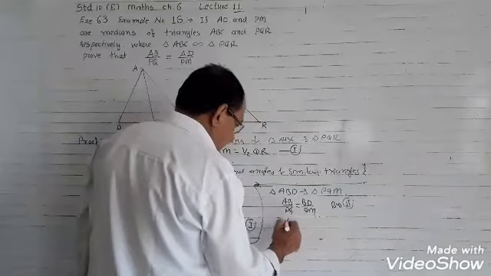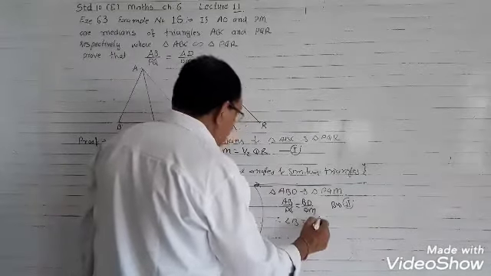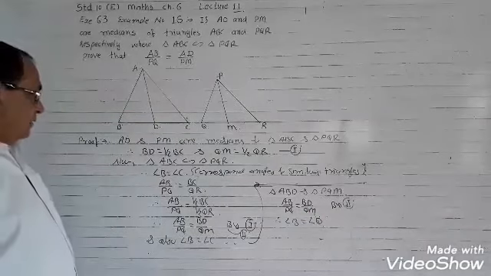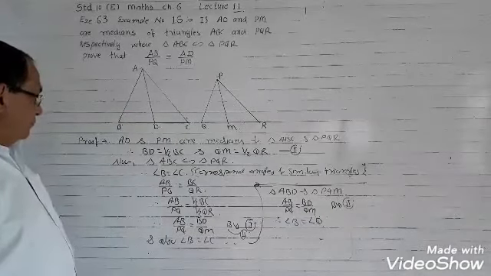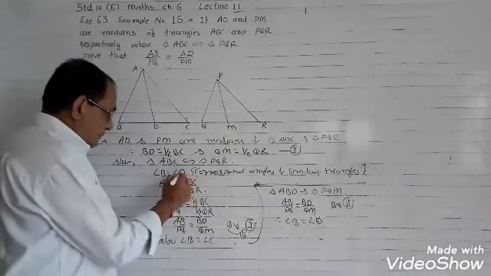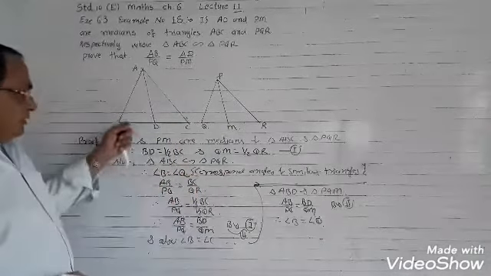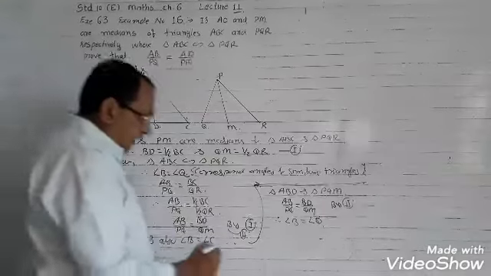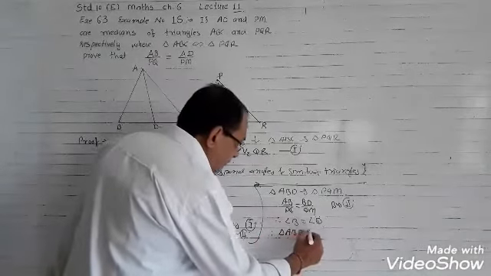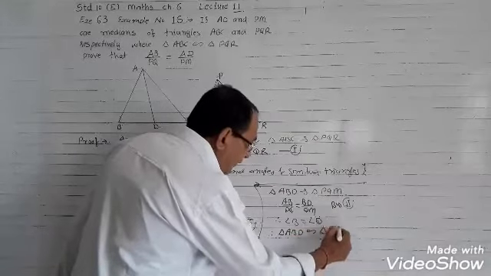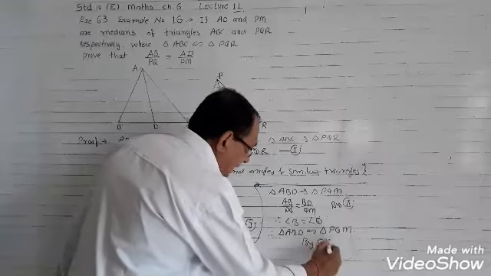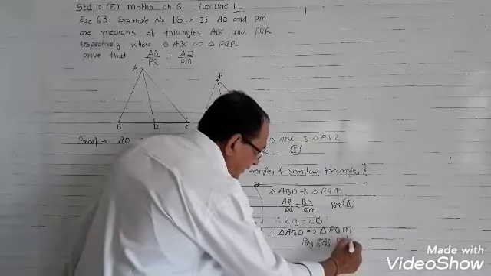And angle B is equal to angle Q. Therefore, triangle ABD is similar to triangle PQM by SAS criterion.